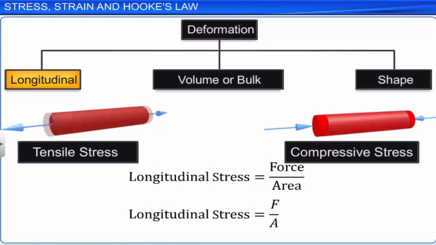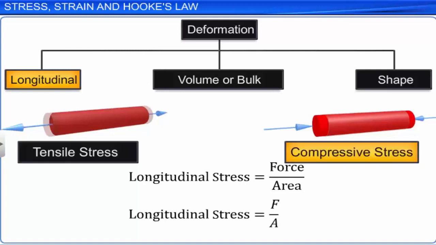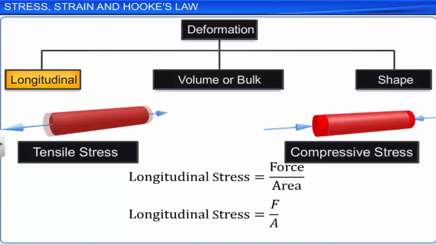If the length of the rod L changes by delta L, the fractional deformation, called the longitudinal strain, is equal to the ratio of delta L to L. When deforming forces are applied perpendicularly to a body's surface at every point, the volume of a body changes, and the stress generated is called bulk stress or volume stress.